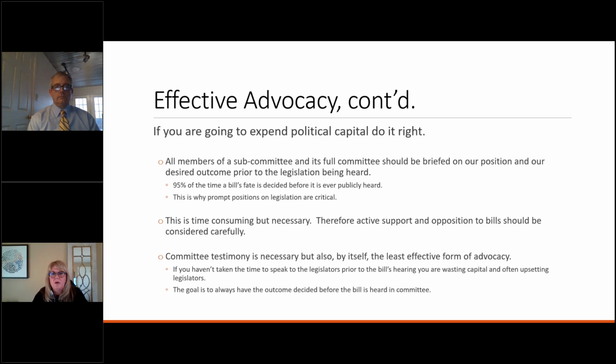So we want to be sure, like we mentioned, that when we are expending our political capital, we're doing it the right way. We want to be sure that we're briefing the members of the subcommittee where the bill is going to first be introduced, and then possibly the subsequent full committee.